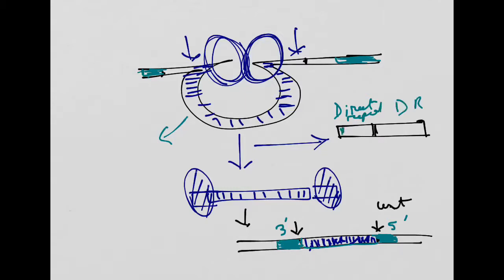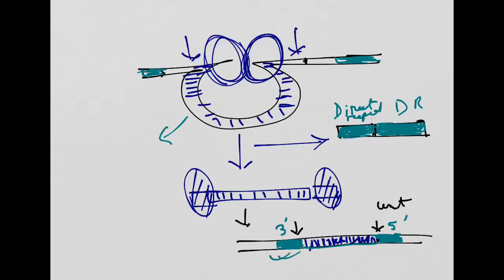This will be like this. Whenever the IS element leaves its donor site, a structure like this will be seen in the donor site, and the recipient will also generate direct repeats at each end of the IS element.